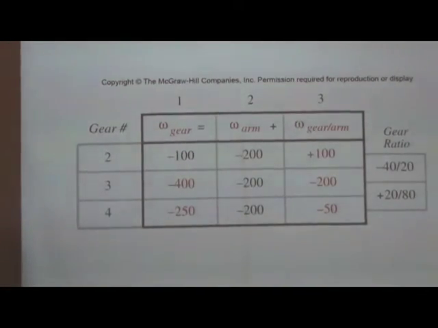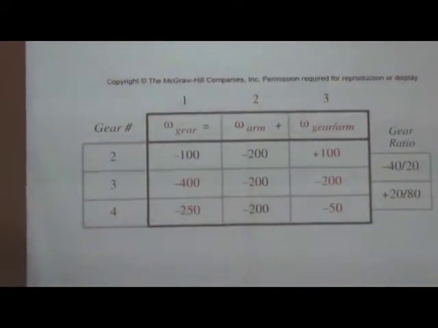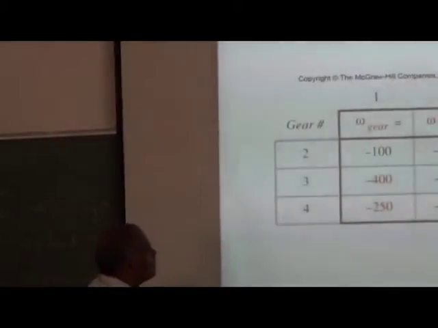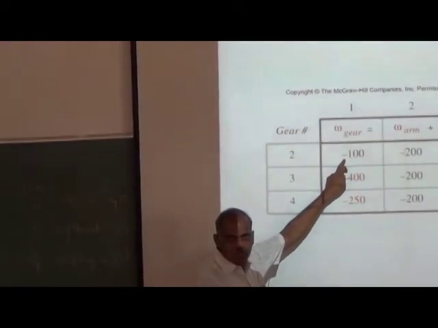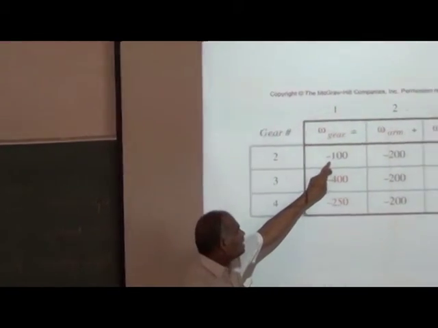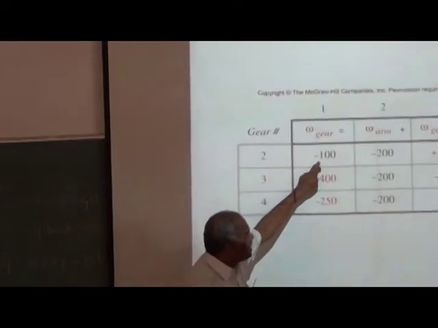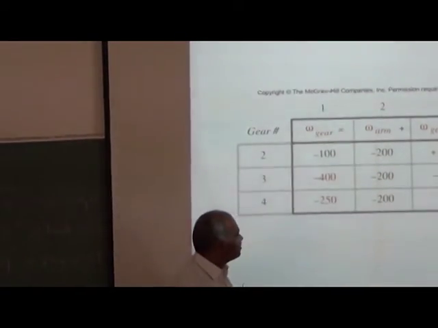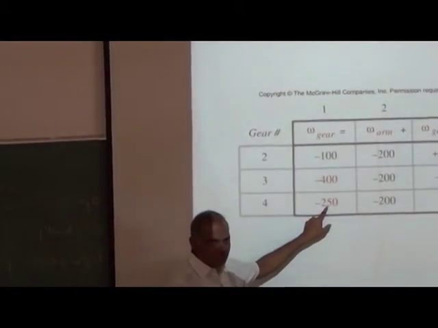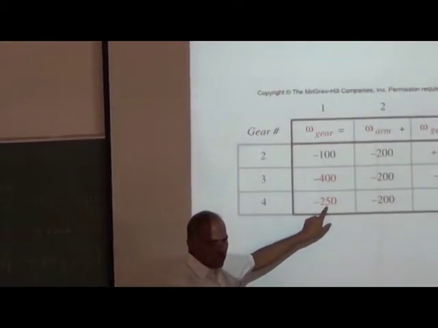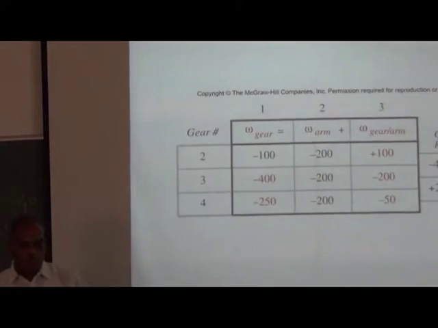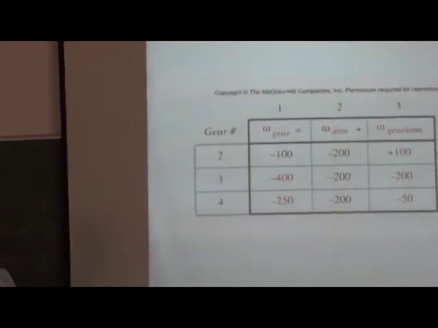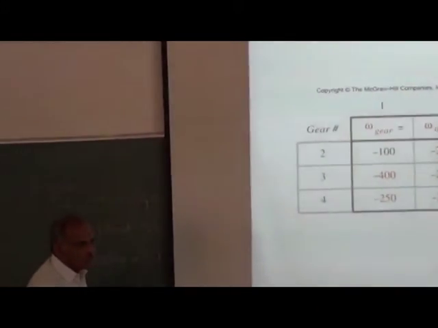So if I give an input to the sun gear as minus 100, that is clockwise direction 100, and the arm is rotated as 200, I can get the output from the fourth gear, that is the ring gear, as 250. That is, the gear ratio is 2.5. Okay?